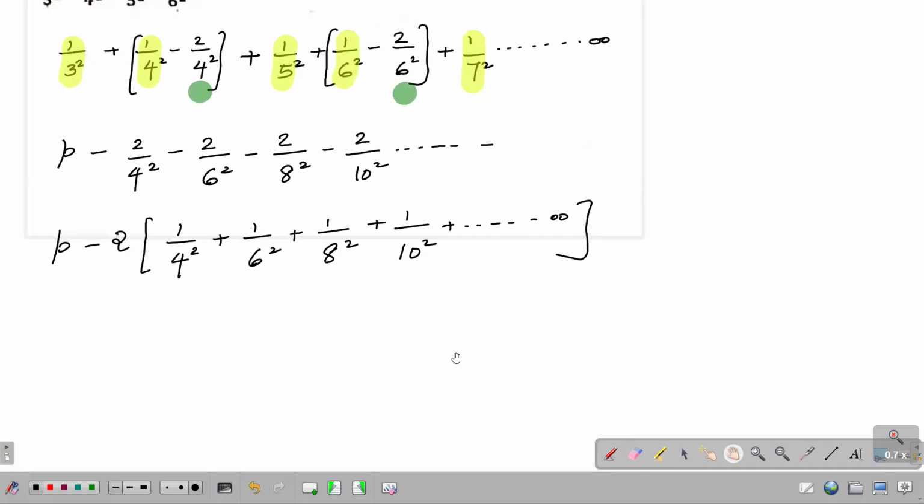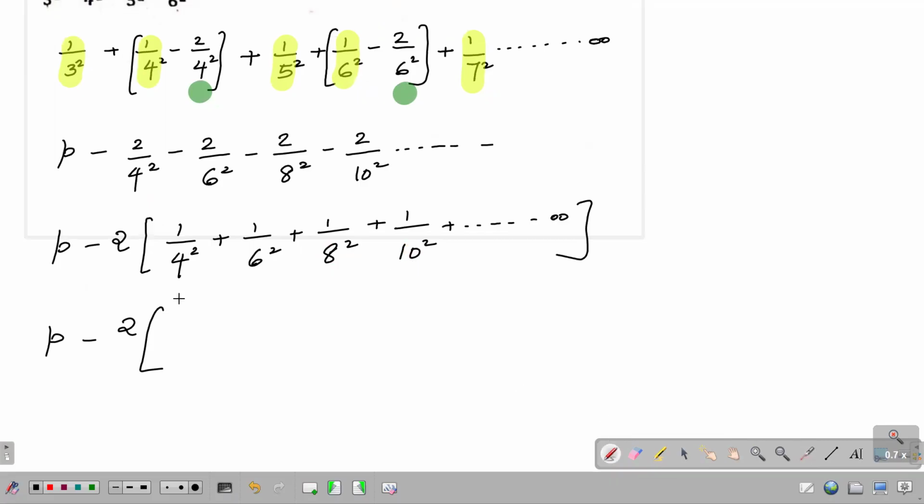The game is not over. See this further. P minus 2, this 1 by, I'm going to look at this 4. 4 is 2 into 2. 6 is 2 into 3. 8 is 2 into 4. 10 is 2 into 5.